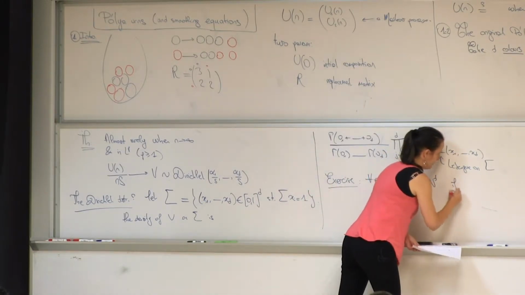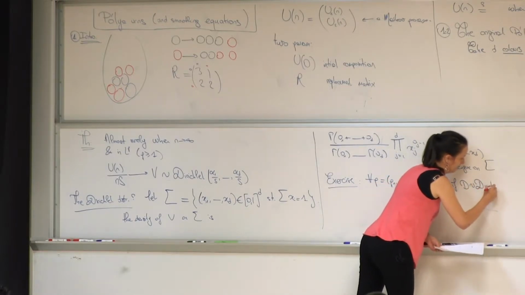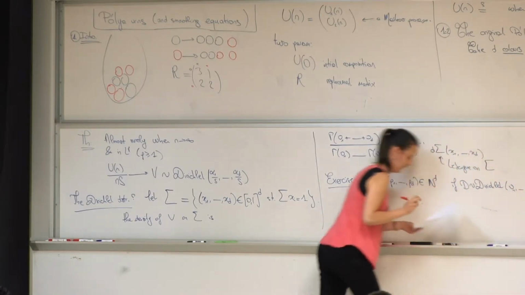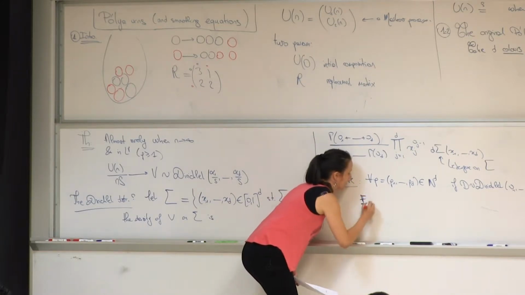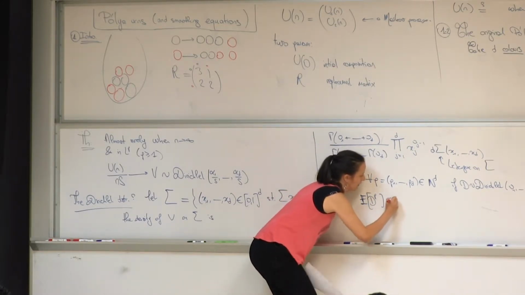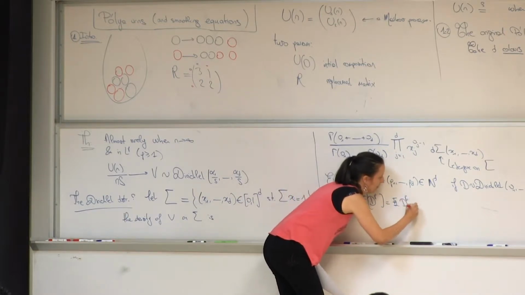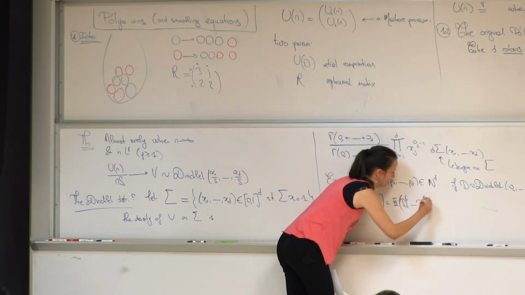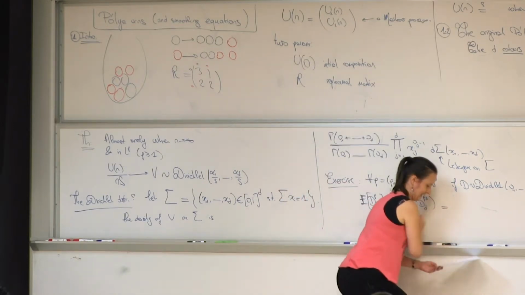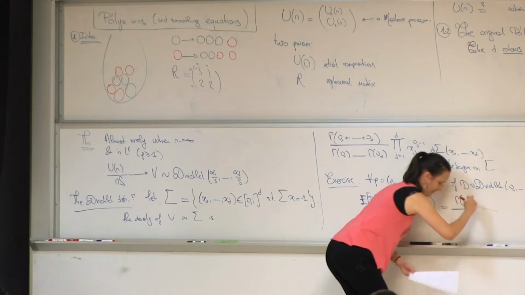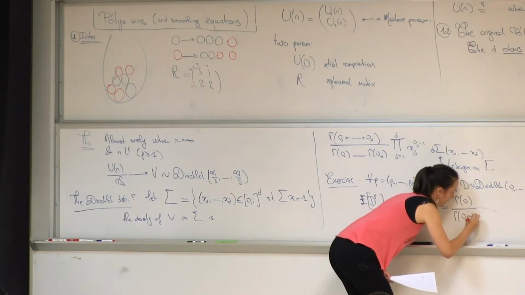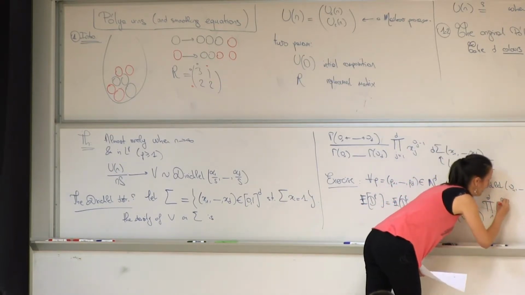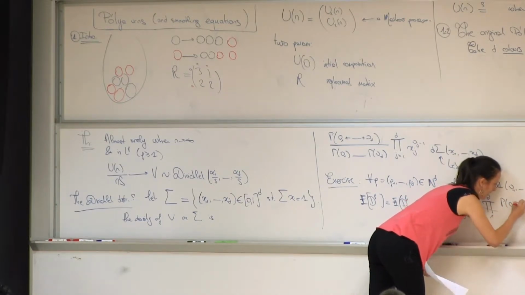So take a Dirichlet with parameters nu_1 to nu_d, and show that the expectation of D_1 to the p_1 up to D_d to the p_d, this is just a notation, is Gamma of nu over Gamma of nu plus p, times the product from 1 to d of Gamma of nu_j plus p_j over Gamma of nu_j, where nu is the sum of the nu_j's and p is the sum of the p_j's.